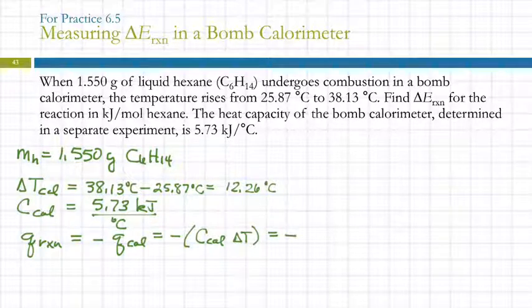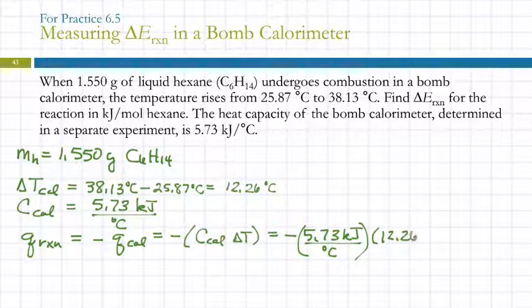So that's negative the heat capacity, 5.73 kilojoules per degree Celsius, and the change in temperature is 12.26 degrees Celsius.